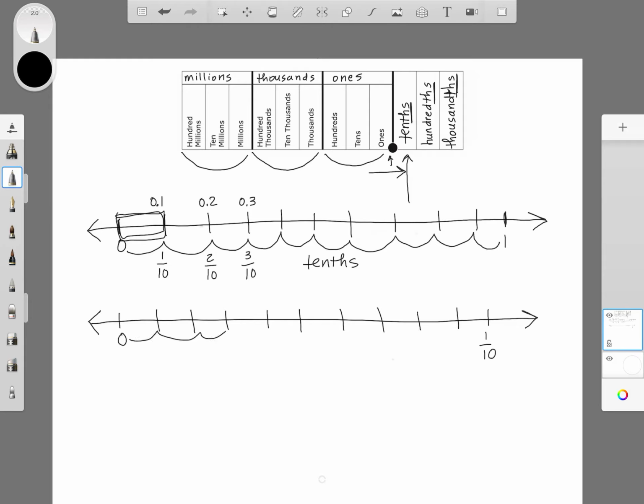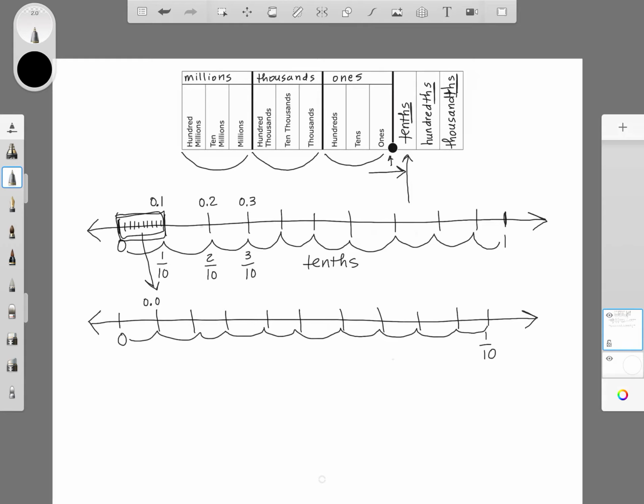So we've got 1, 2, 3, 4, 5, 6, 7, 8, 9, and 10. Each of these sections is actually, if we go back up to the top, there's 10 down here. We've just made it bigger down here so that we can see it better. Each of these is a hundredth.